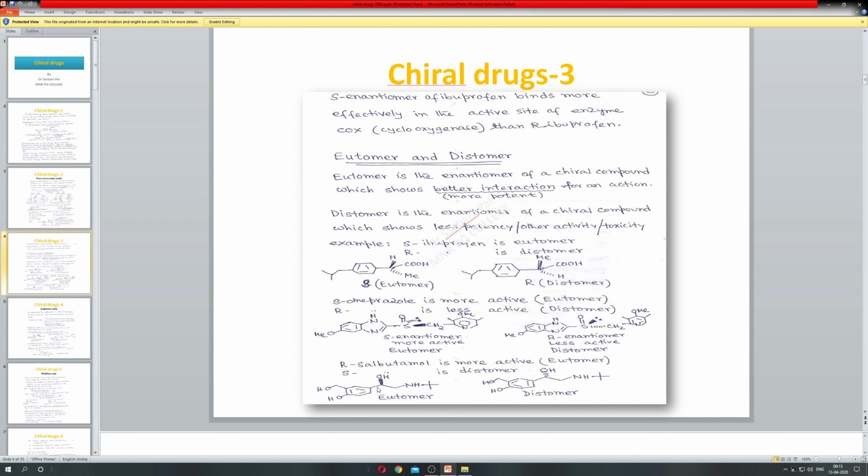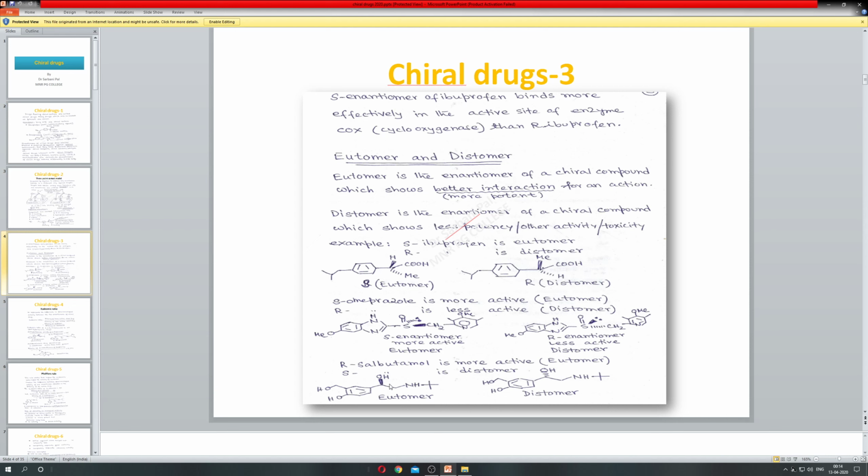Now 1, 2, 3, this is clockwise because oxygen is the first priority, carbon attached with the nitrogen is the second priority, and this is the third priority. So 1, 2, 3 clockwise.